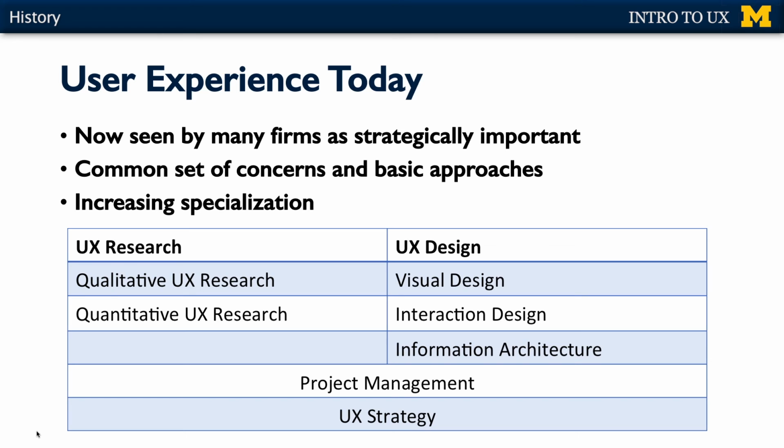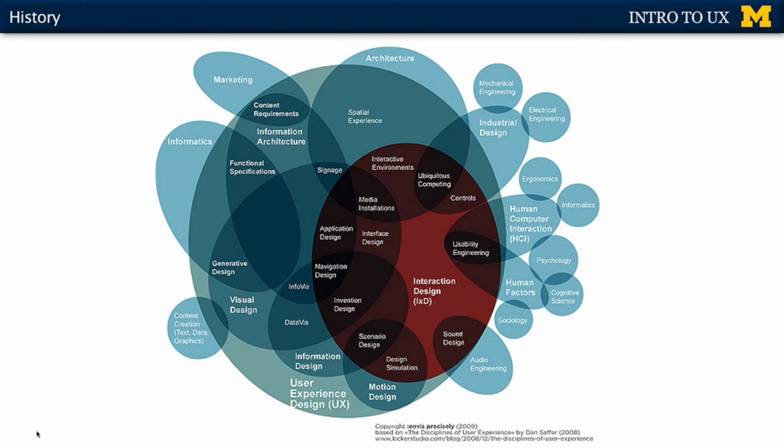So specializing in visual design, or the more graphical aspects of the presentation, versus interaction design, figuring out how all of the different pieces fit together, or information architecture, what's the best way to present large volumes of information to users. And then sitting on top of this, you have the more overarching specializations of things like project management, user experience strategy, and so forth.